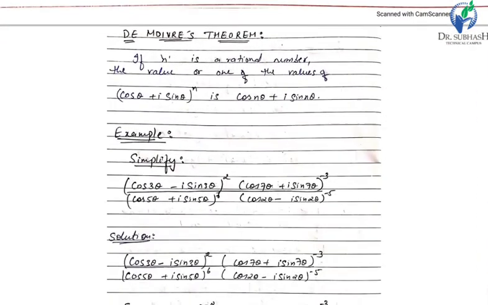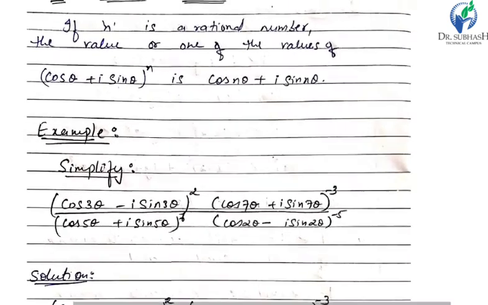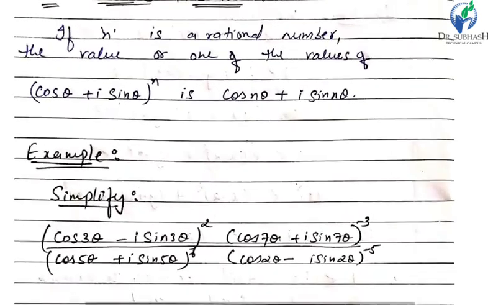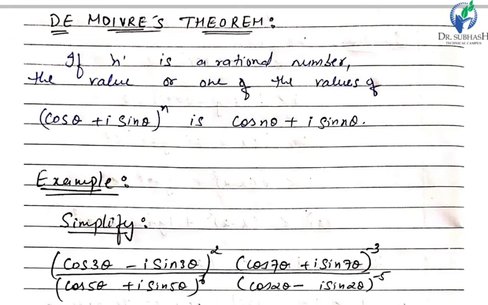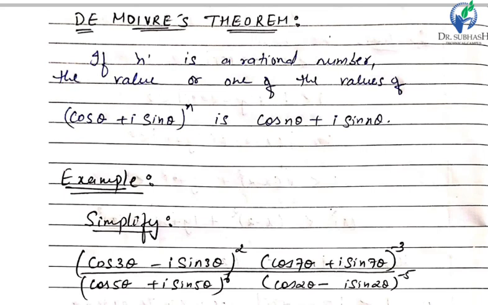Now next is De Moivre's theorem, which is an important topic for the complex number. First, let us see the statement of De Moivre's theorem. If n is a rational number, then (cos theta plus i sin theta) raised to n is equal to cos n theta plus i sin n theta.